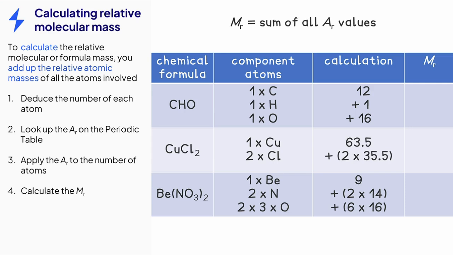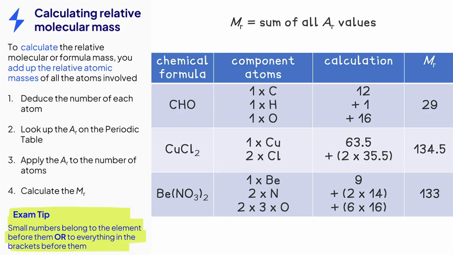Once you have the calculation, you can work out the Mr. CH4O is 32. CuCl2 is 134.5. Be(NO3)2 is 133. Take your time with compounds that contain small numbers and brackets.